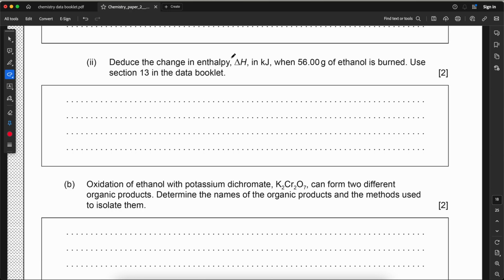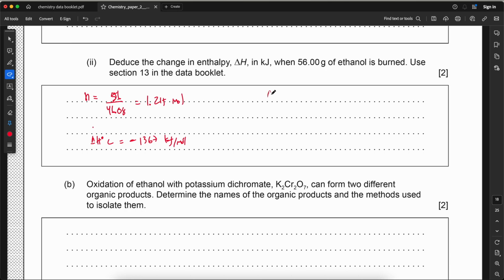Deduce the enthalpy change delta H in kilojoules when 56 grams of ethanol is burned. Use section 13. Okay, first, because the mass is known, we can calculate the moles, which is 56 divided by 46.08. Then you get 1.215 mole. And delta H of combustion based on section 13 for ethanol, if you check the data booklet, you will get negative 1,367 kilojoules per mole.